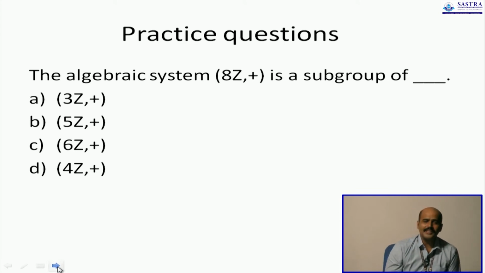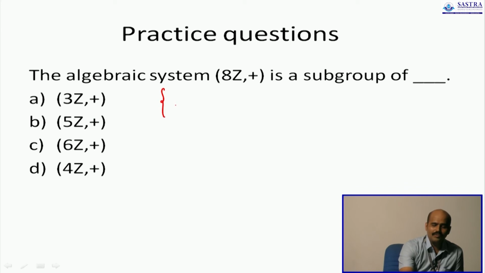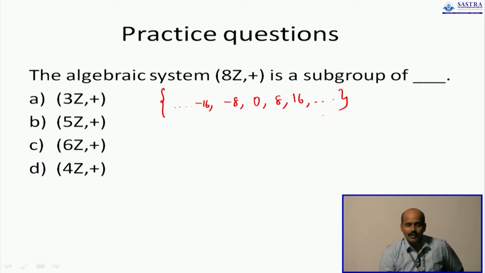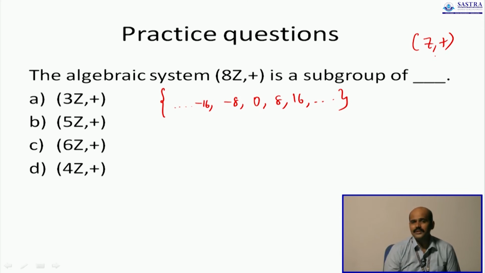If you look at the 8Z plus set, we are looking at the multiples of 8, like minus 16, minus 8, 0, 8, 16, etc. Now these numbers clearly form a subgroup of Z plus, because they are a subset of Z plus, they are closed, the operation is associative, they include the additive identity 0, and for every a there is also the minus a, which is the inverse. But we are not looking at a subgroup of Z plus. Can it be a subgroup of any of these?